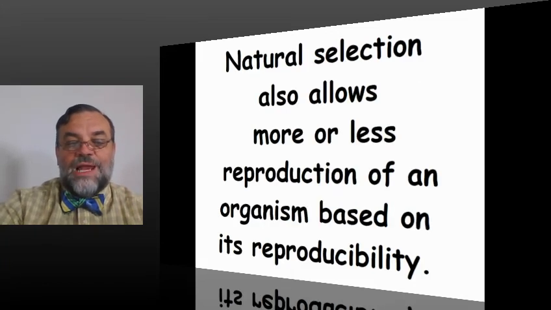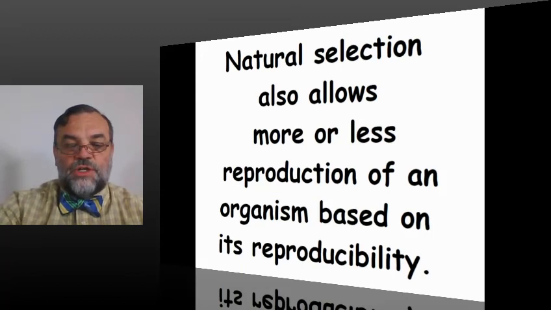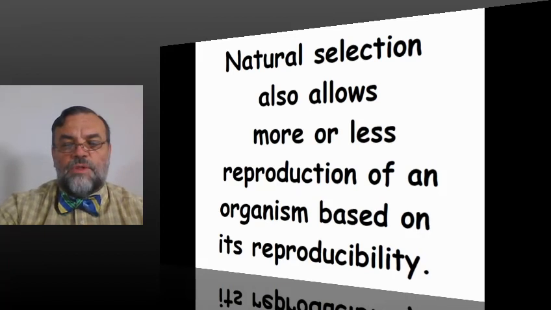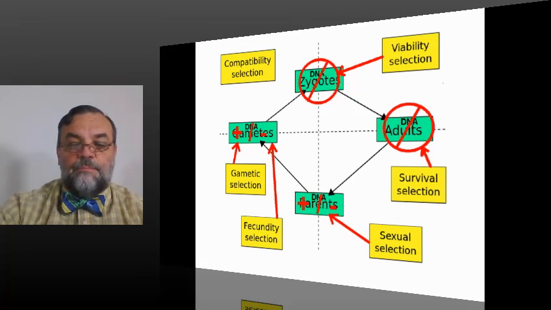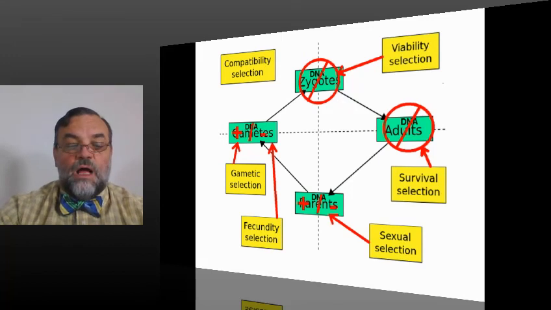Natural selection also allows more or less reproduction of an organism based on its reproducibility. The first one, survivability, is an either do or die situation. When we talk about reproducibility, it's quantitative. It can be more, it can be less. And going back to our diagram here, we have what's called sexual selection. That's the ability of these adults to actually mate, and I've represented it by a plus minus, meaning they could mate more or they could mate less.